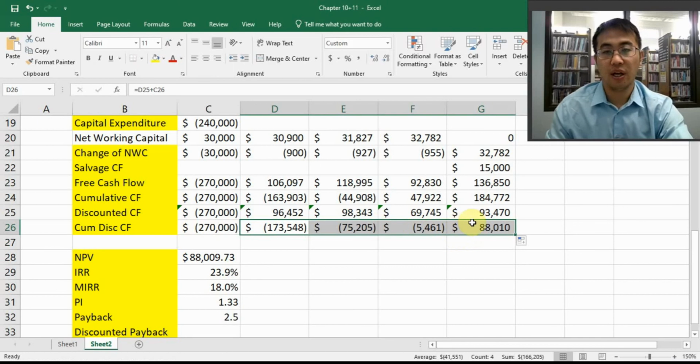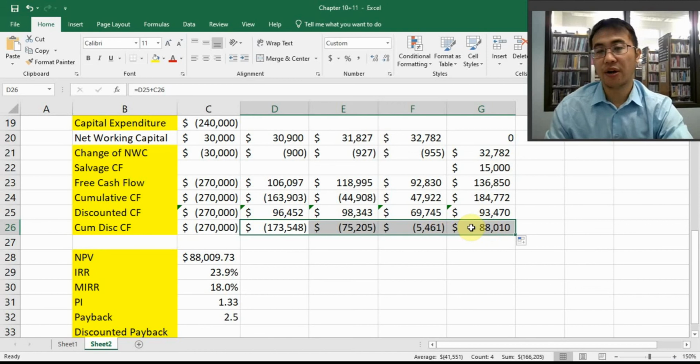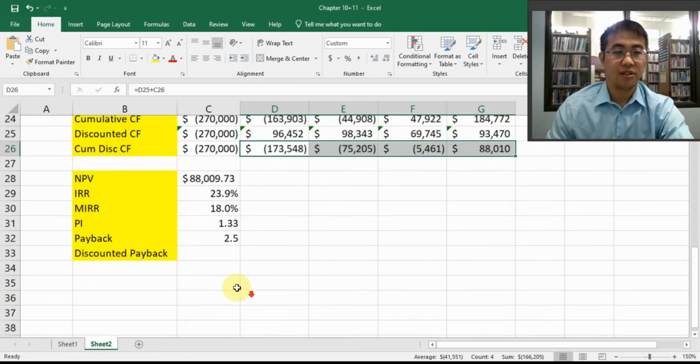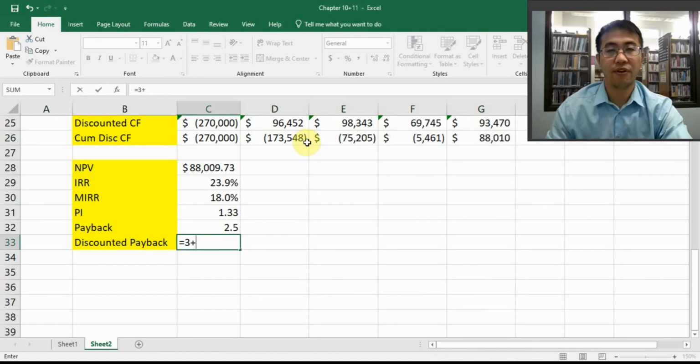As you can see, after the third year, in the fourth year, my remaining balance turned out to be positive. So that's where I started running a surplus from a deficit. So for the discounted payback, it should be 3 because after 3 years, my balance turned out to be positive.